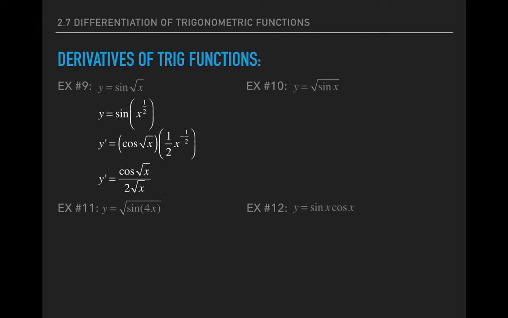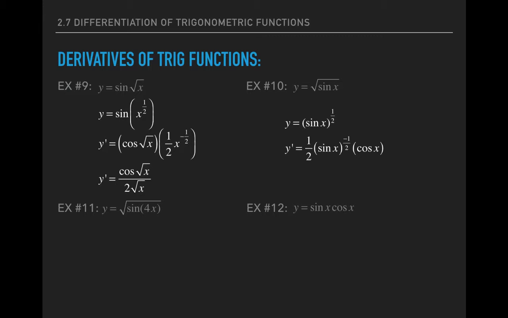Now let's contrast number 9 with number 10. This is a little bit different. Now you're taking the root of your whole function. So now the outside function is different. The inside function is the sine x, and the outside is the function to the half power.